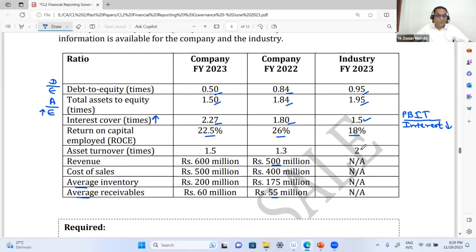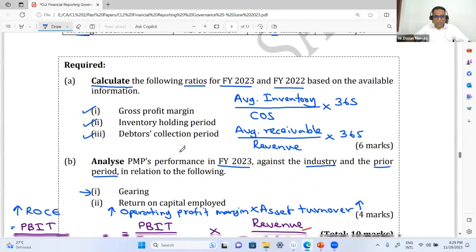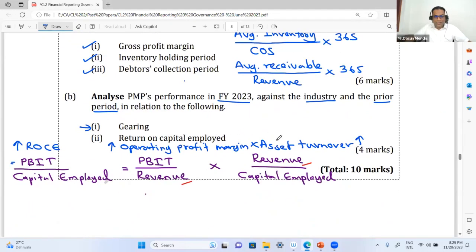If I were you, I would do a computation myself and put it in. I calculate the operating profit margin. How do I calculate it? Because I know operating profit margin into asset turnover is my ROCE.